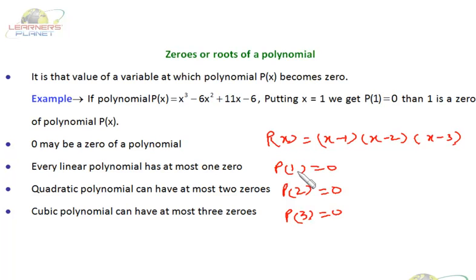That means if I put the value of x as 1, 2 or 3, the value of this polynomial will be 0. No other value of x can make this polynomial 0. So there are at most 3 zeros of this polynomial, or we can say a cubic polynomial can have at most 3 zeros or 3 roots.